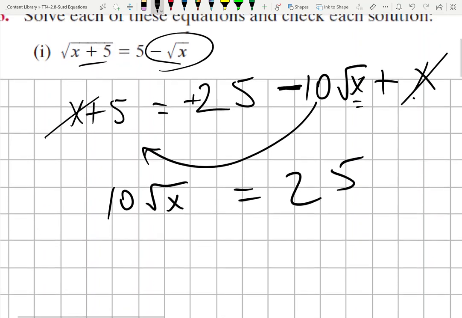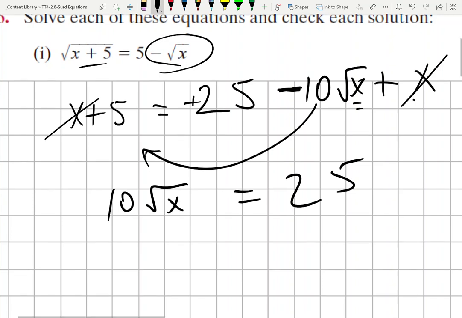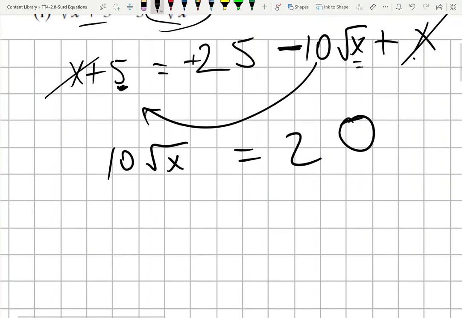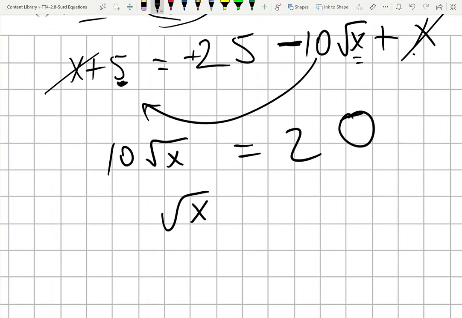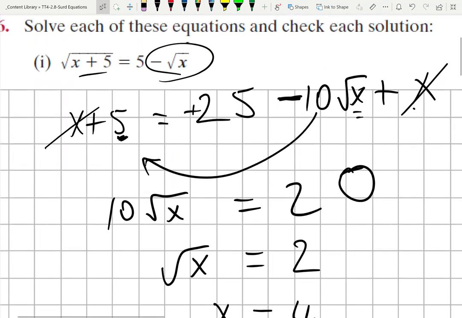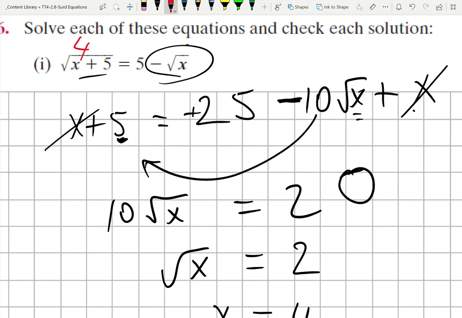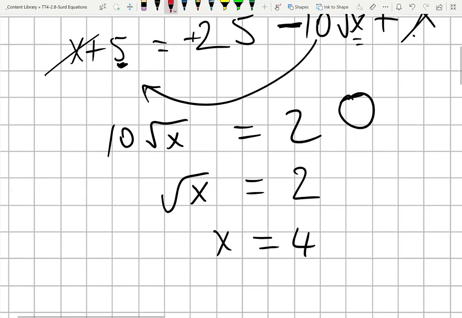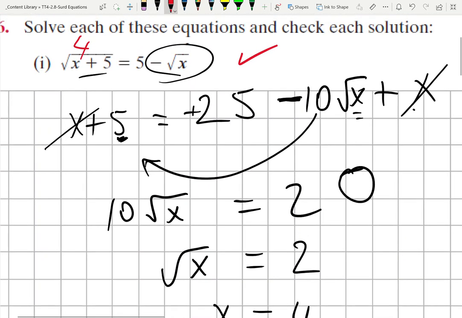Did I have a 5 still here? I did. Okay, so root x equals 2, x equals 4. And we'll go back and sub that now. 4, root 9 equals 5 take 2, confirmed. One answer.